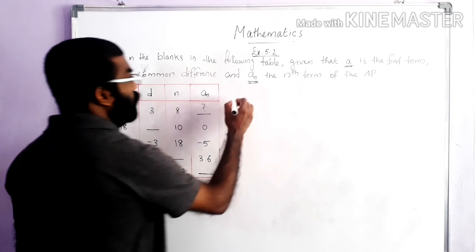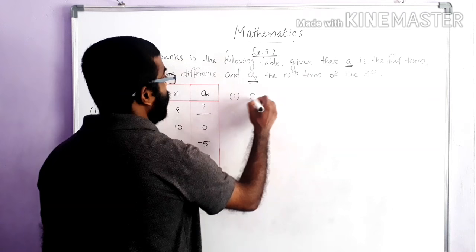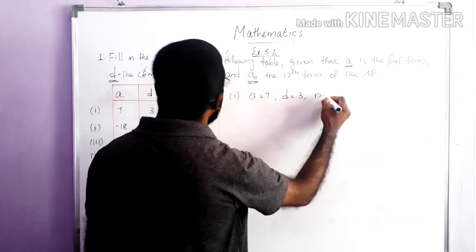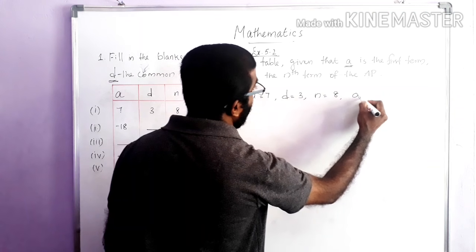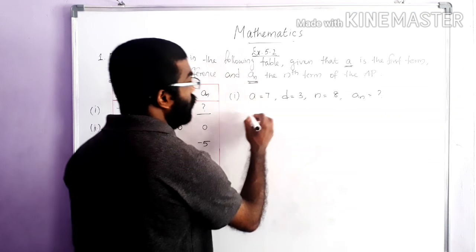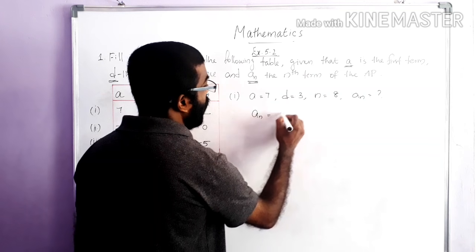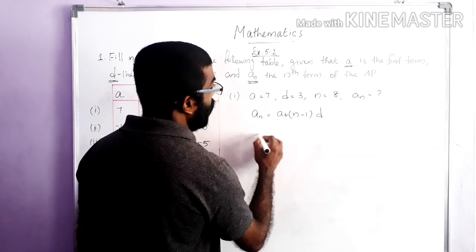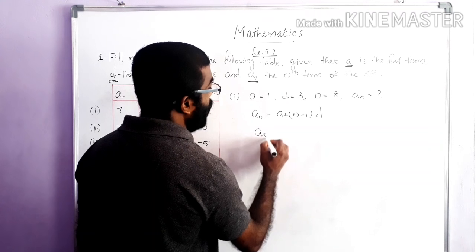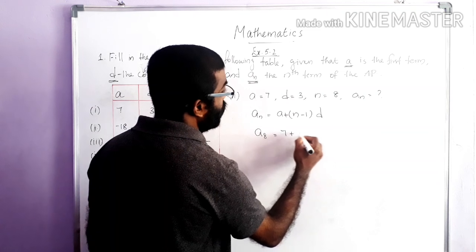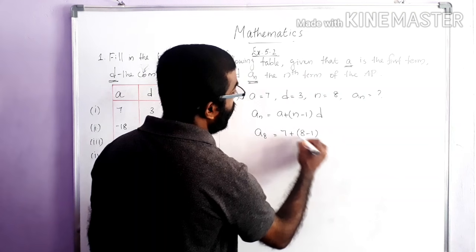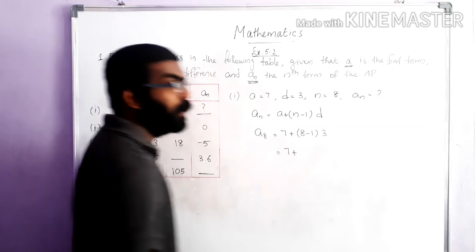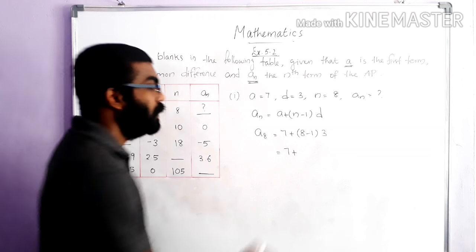So for the first question, A is equal to 7, D is equal to 3, N is equal to 8 and AN we have to find out. So you can use the direct formula AN equal to A plus N minus 1 into D. So here A8 is equal to 7 plus 8 minus 1 into 3. So 7 plus 8 minus 1, 8 minus 1 is 7.